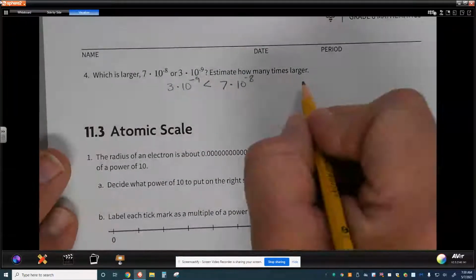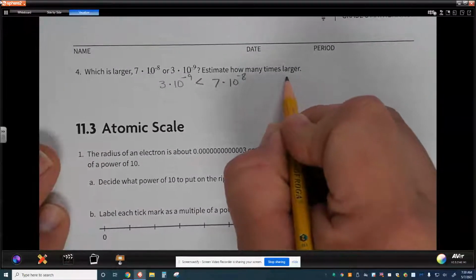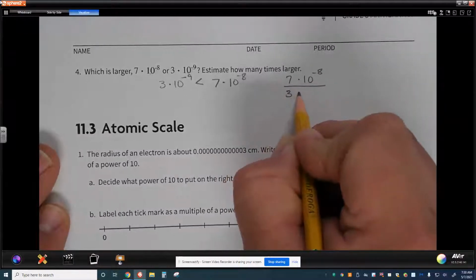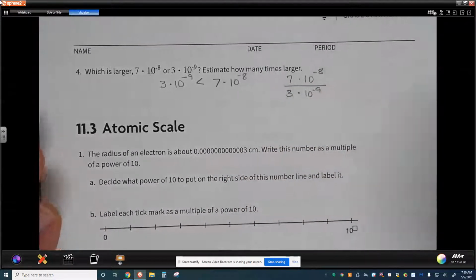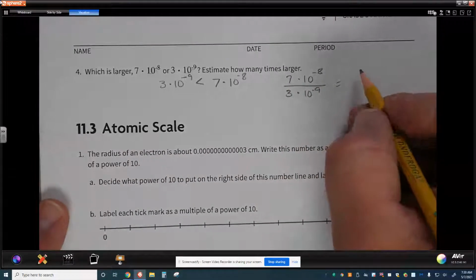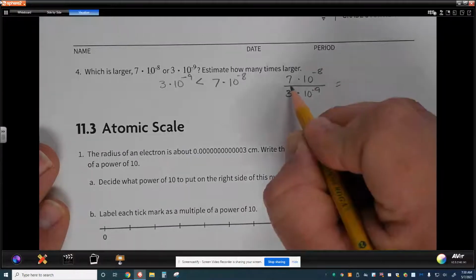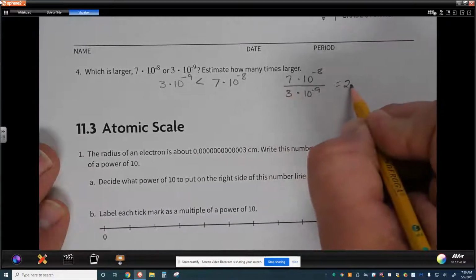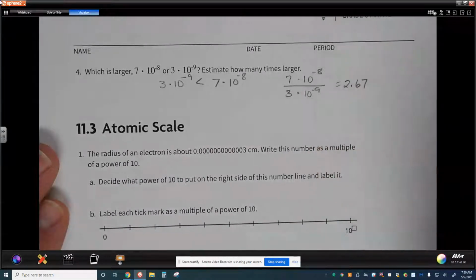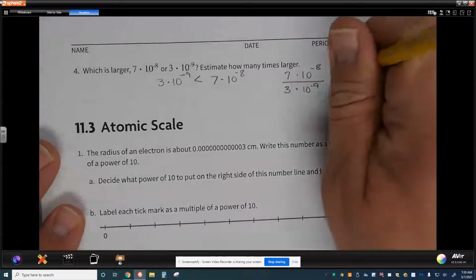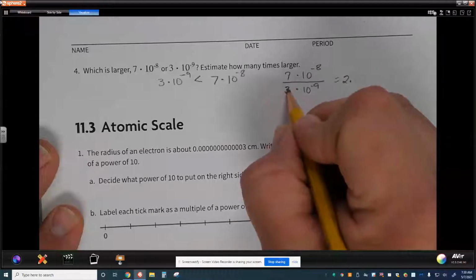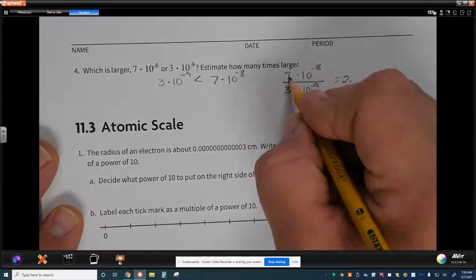Estimate how many times larger. You'll notice that I set this up in a division problem. So 7 times 10 to the negative 8th power divided by 3 times 10 to the negative 9th power. We use quotient of powers here. 7 divided by 3 is going to be 2 and 6/10 repeated. So we'll call that 2 and 67/100. Nope, just kidding. This is going to be 2 and 1/3.